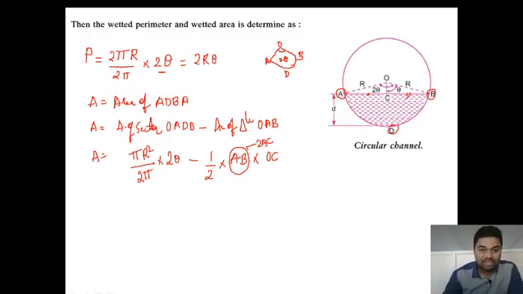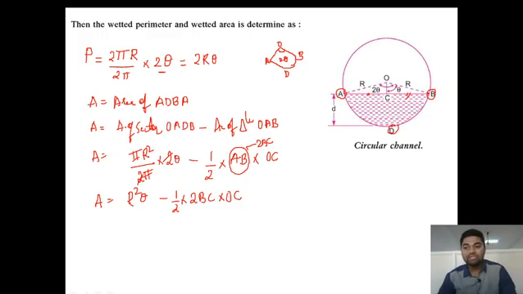If you cancel these things, the 2 and 2 get cancelled, pi and pi get cancelled, it becomes area is equal to r square theta minus half into 2BC into OC.